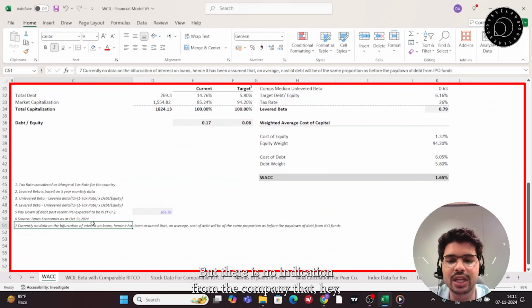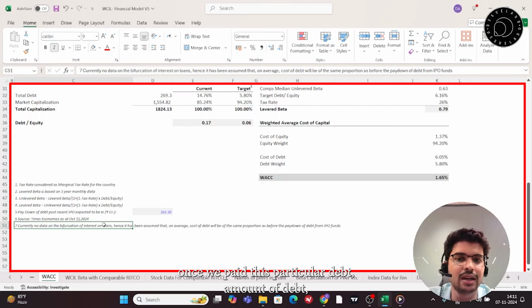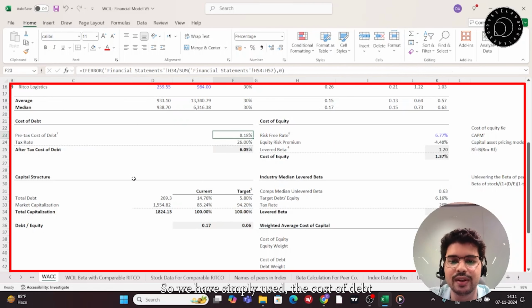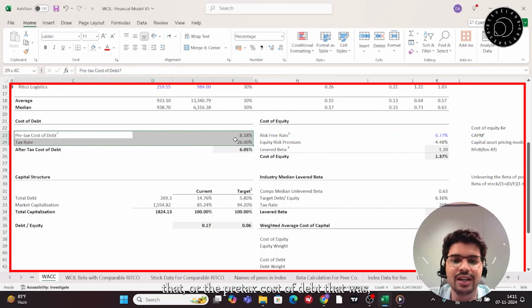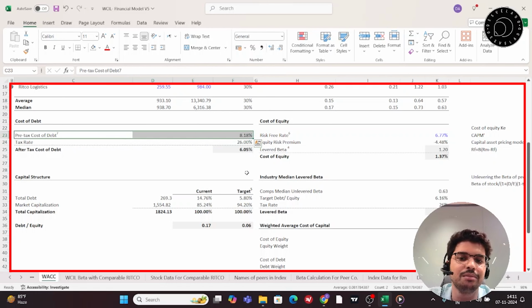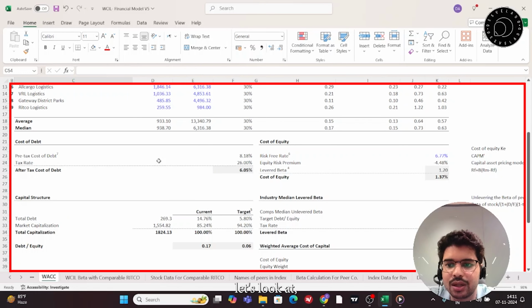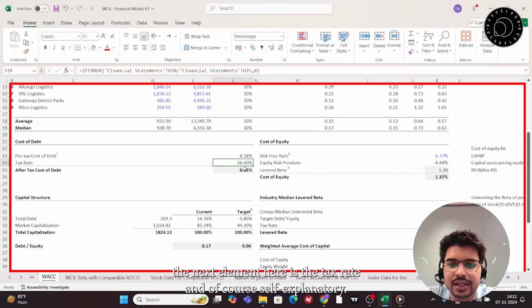But there is no indication from the company that, hey, once we pay this particular debt amount, we will actually get loans at a cheaper price or a higher price. So we've simply used the pre-tax cost of debt that was being paid before the pay down.